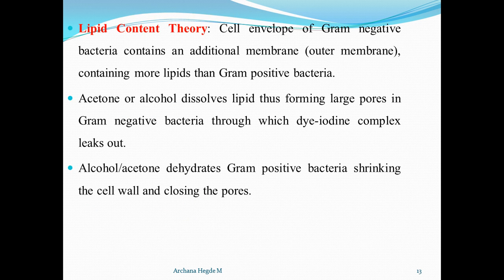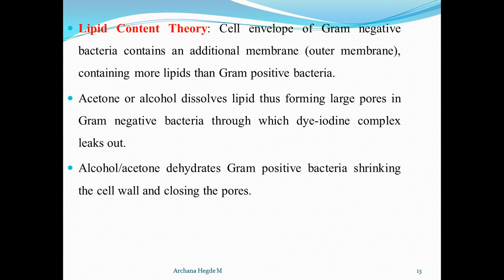Lipid content theory. The cell envelope of gram-negative bacteria contains an additional membrane. The outer membrane contains more lipids than gram-positive bacteria. Alcohol or acetone dissolves lipid, thus forming large pores in gram-negative bacteria through which the diiodine complex leaks out. Here the explanation is, after the iodine step the alcohol is used for decolorizing.